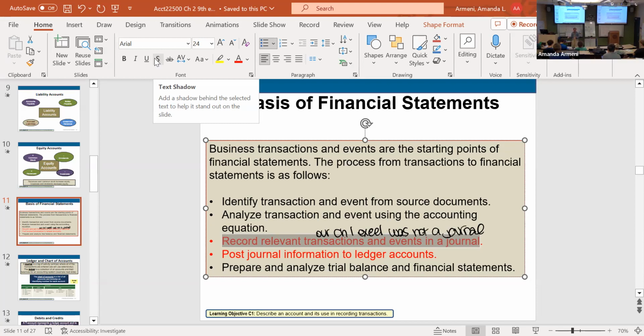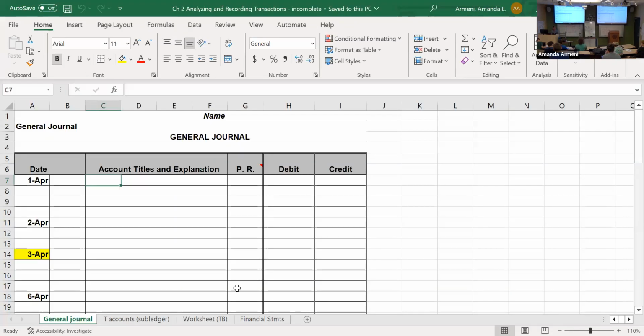Accountants don't use that to record transactions. Accountants use a journal, a diary. We're going to keep a little diary of every single transaction that's happened during the month that we are covering. It's a chronological list of every transaction that happened over a given period of time. And a lot of times in this class, we'll be talking about a month's worth of activity, okay? So the journal that we're going to begin using on Monday is going to look like this.